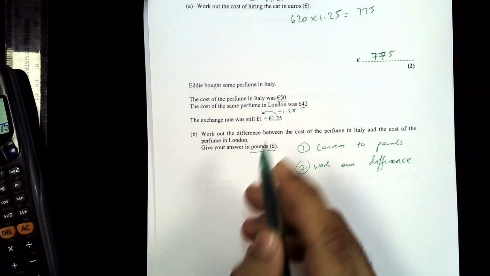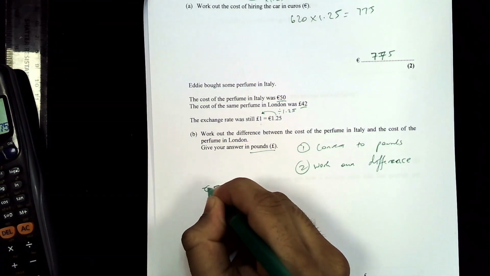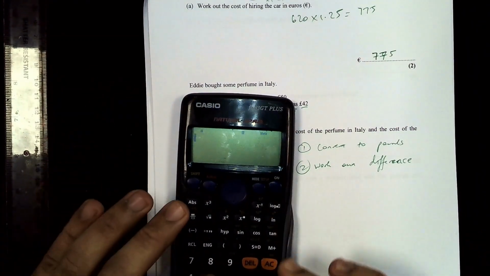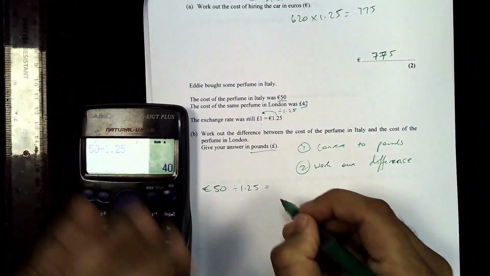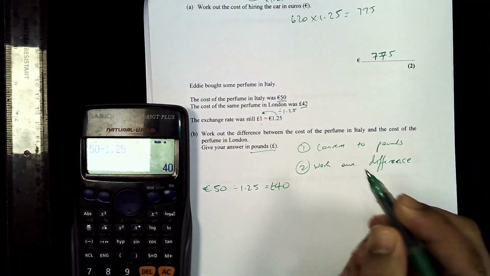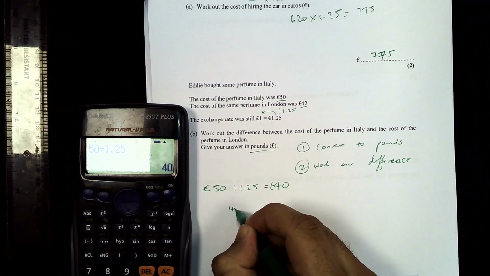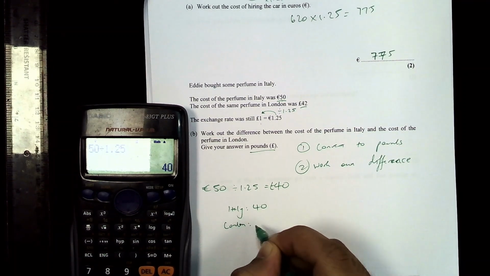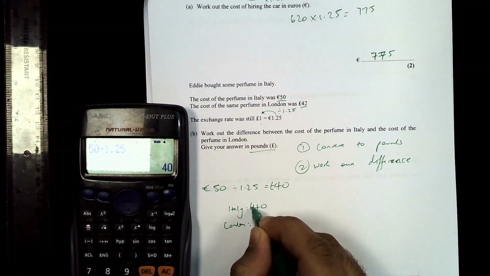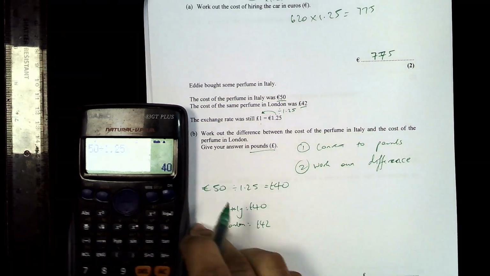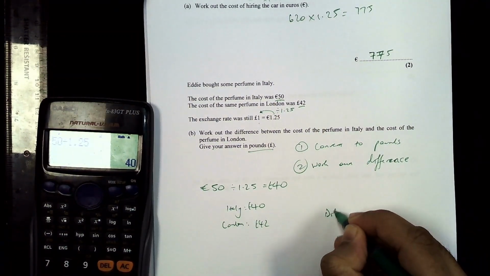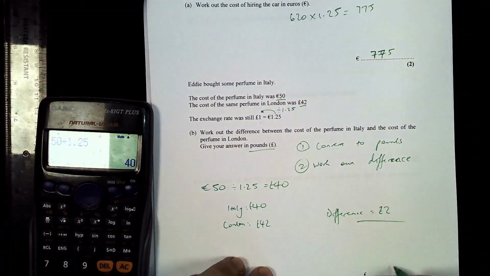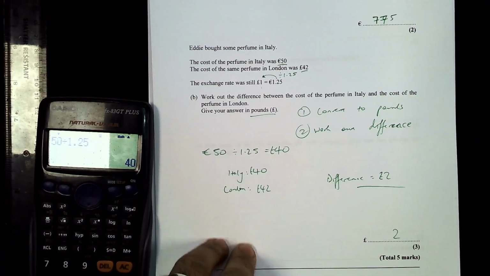So €50 is how much it cost in Italy. 50 divided by 1.25 gives us £40. So I'm comparing the Italy cost, which was £40, with the London cost, which was £42, and the difference between those is therefore £2. Difference equals £2. Done.